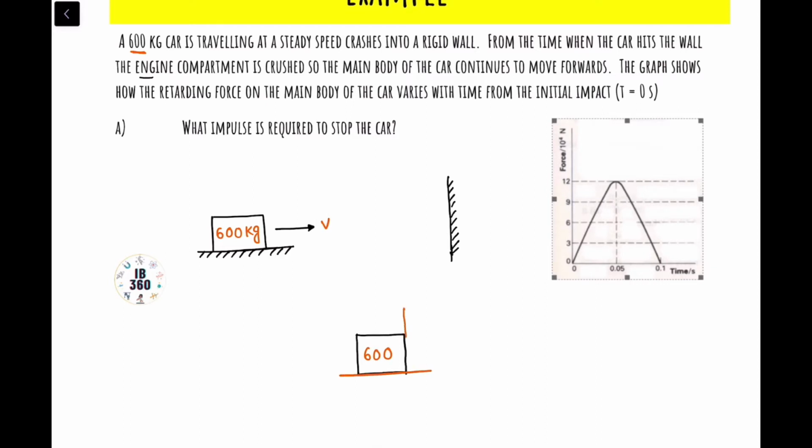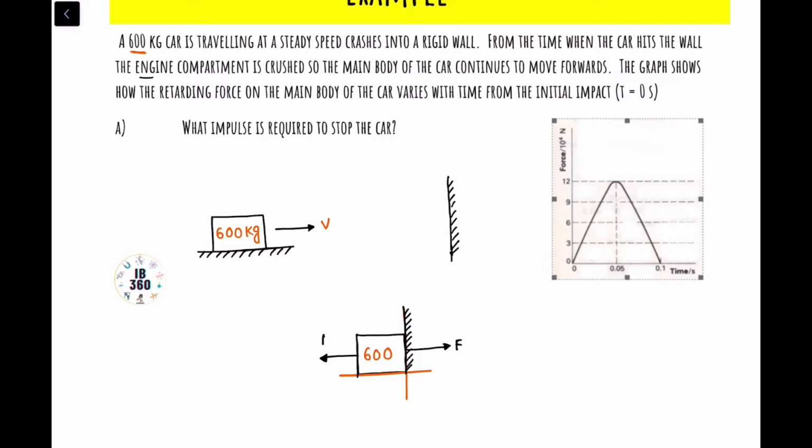At the time of collision, as we have also discussed before, the car will apply a force F in this direction, and by Newton's third law of motion, the wall will also apply the same force F but in the opposite direction.